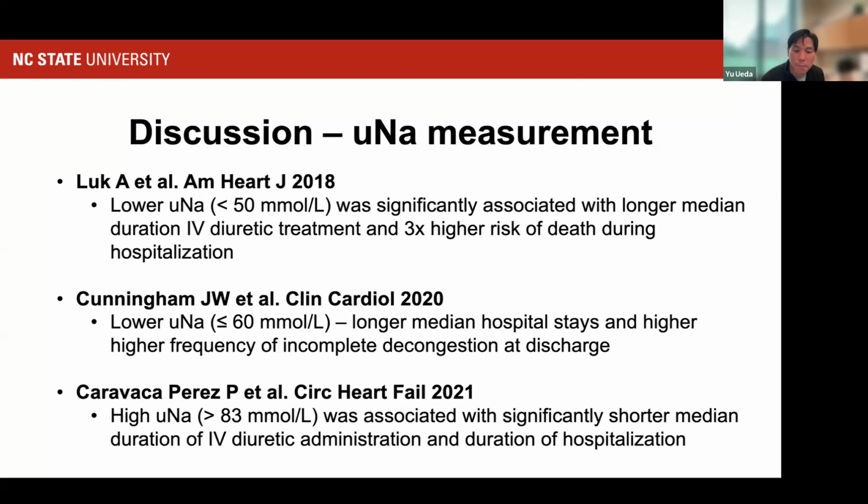And this 2021 paper even showed that high urine sodium concentration was associated with a shorter median duration of IV administration and duration of hospitalization. So low urinary sodium concentration is not good, and high urine sodium concentration after diuretic administration was good in these studies.